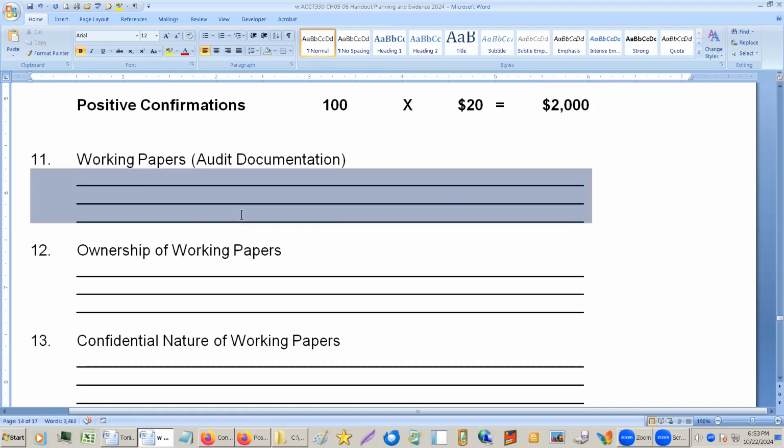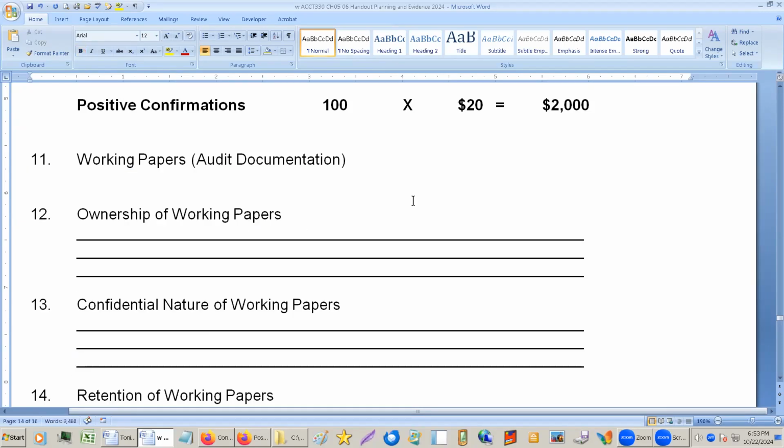Working paper audit documentation. Working papers, these are also called work papers.